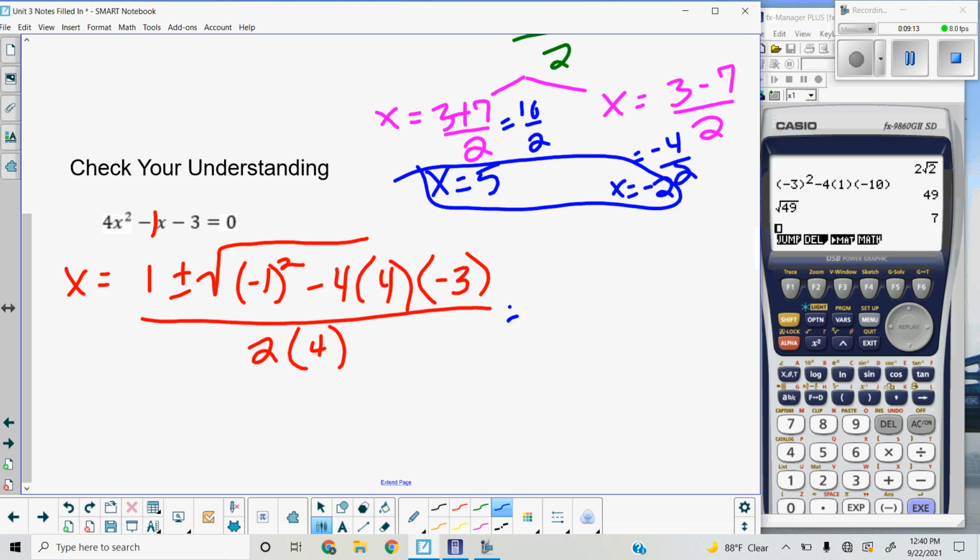So 1 plus or minus the square root, plugging everything into your calculator.